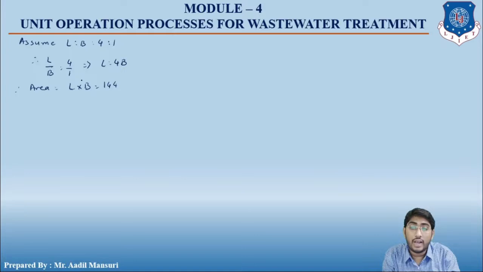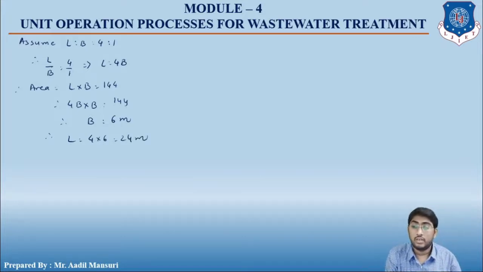In place of L I will put 4B, therefore 4B into B equals 144, therefore B square, or I'll write directly as B equals 6 meter, and therefore L will be equal to 4 times 6, that is equal to 24 meter. Clear, students? So here we got L equals 24 meters, width equals 6 meters, and depth equals 2.5 meters.